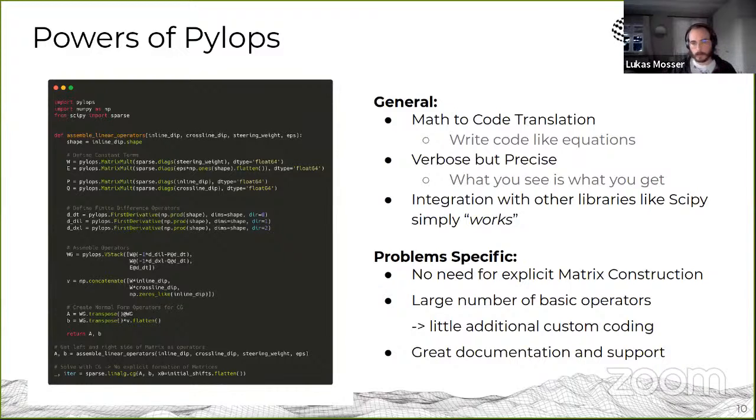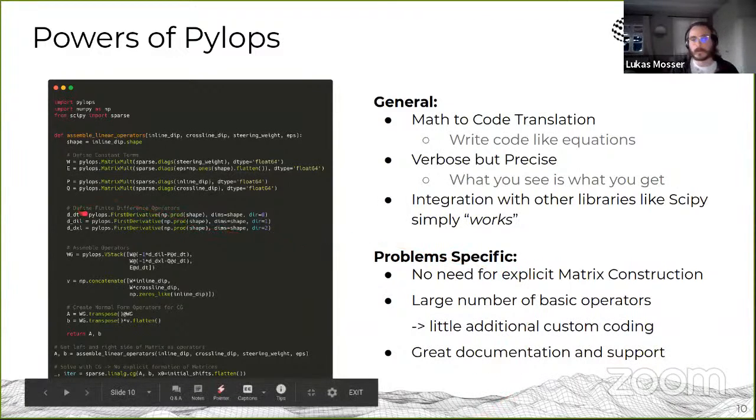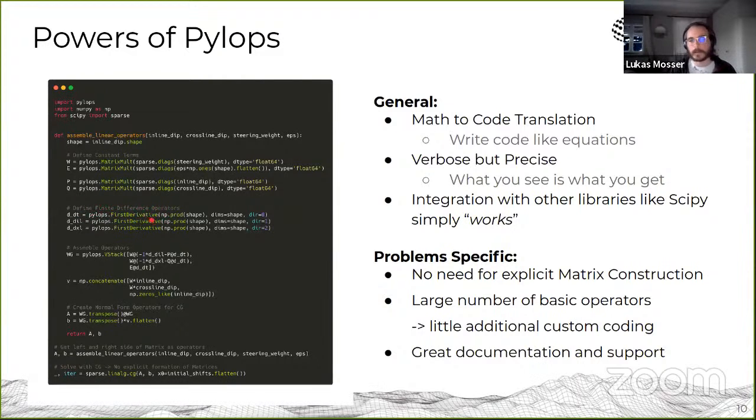It's quite verbose, but it is very precise. And what I mean by that is you will find operators that are called first derivative, second derivative, directional derivative. So it tells you really what it is doing and how you can use it. And what you see is really what you get with these operators.